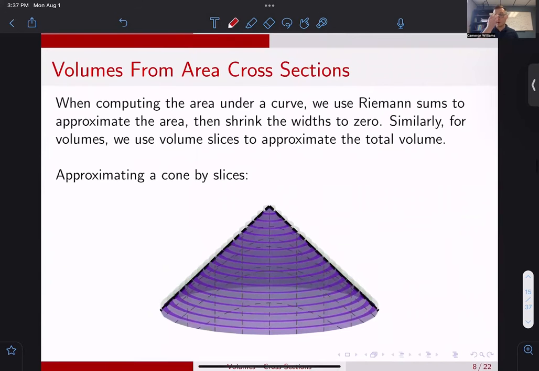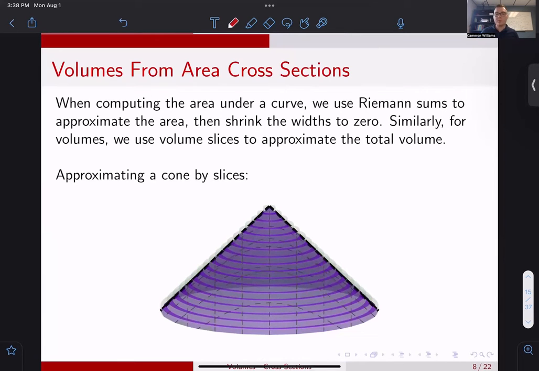So let's say we want to approximate a cone by slices. We have a cone here in purple, and in the very light green, kind of like the seafoam green here, fairly see-through, we have these wafers stacked on top of each other coming up to a point. We can calculate all those volumes because that's a simple shape. They're just little cylinders. We can calculate each individual volume and we can add them up.